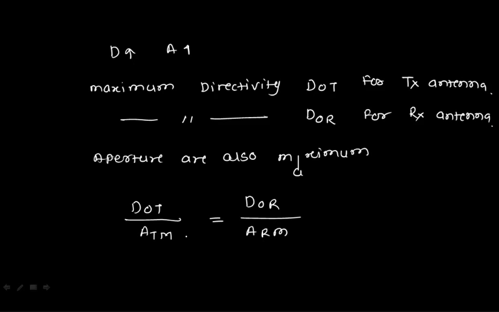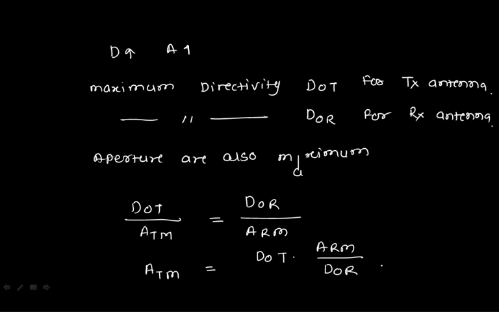So this is all about the effective aperture, or in other words I can write ATM is equal to DOT into ARM divided by DOR. To find the values, consider any antenna for which the aperture and directivities are known.